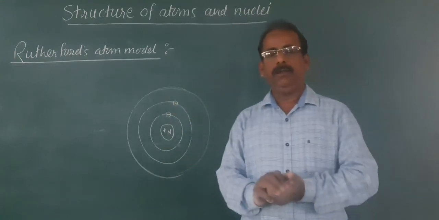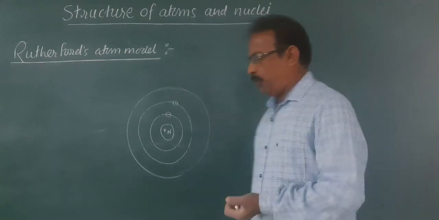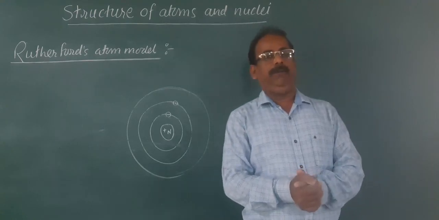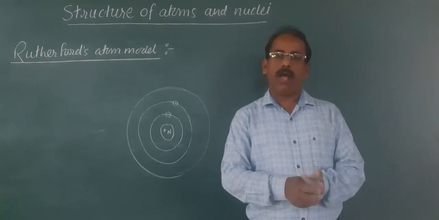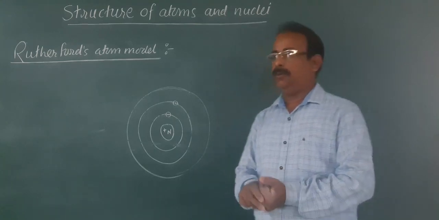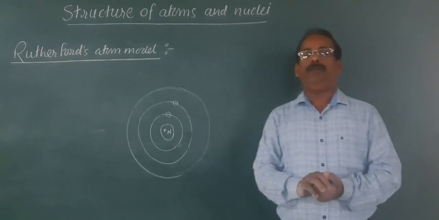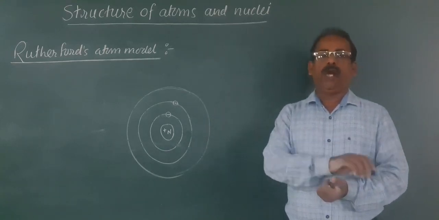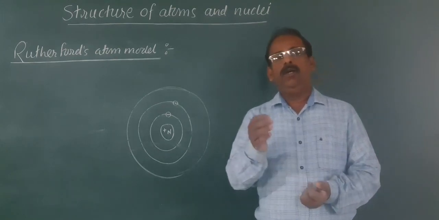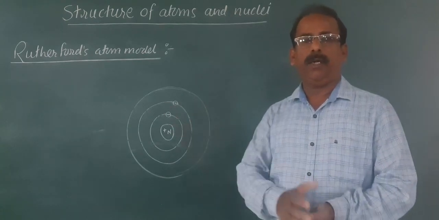Why can it not be explained here? See. According to Maxwell's electromagnetic wave theory, which is also called classical wave theory, whenever a charged particle is in accelerated motion, energy is emitted from that charged particle in the form of electromagnetic radiation.